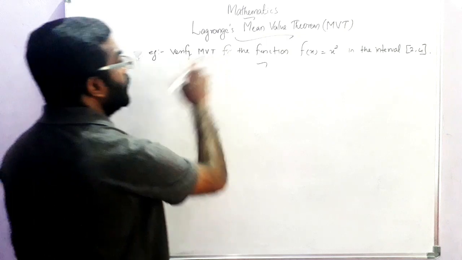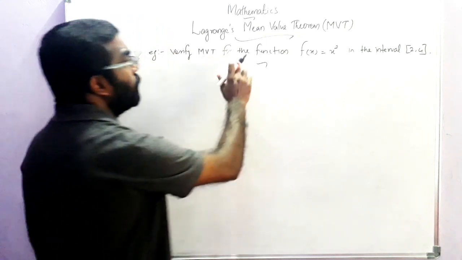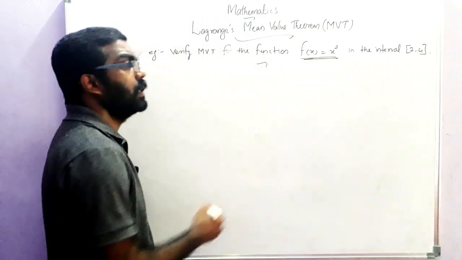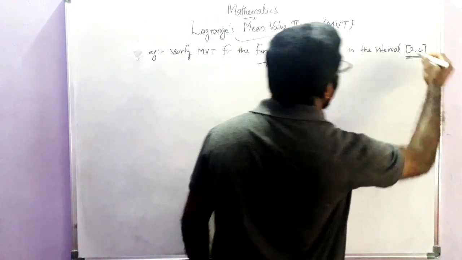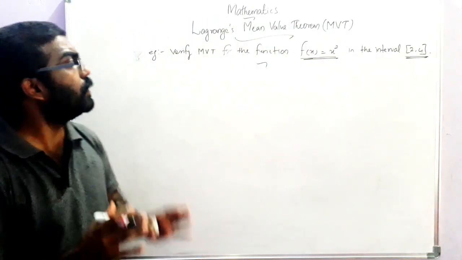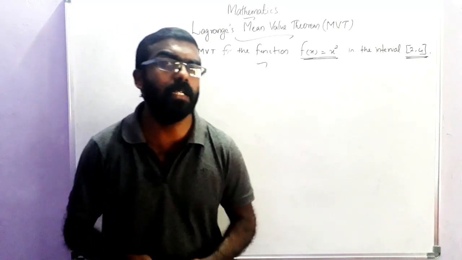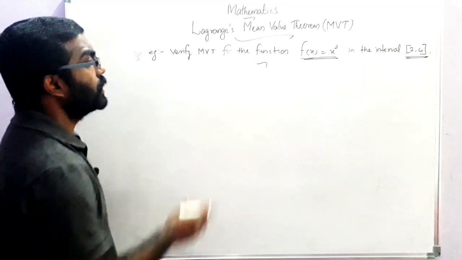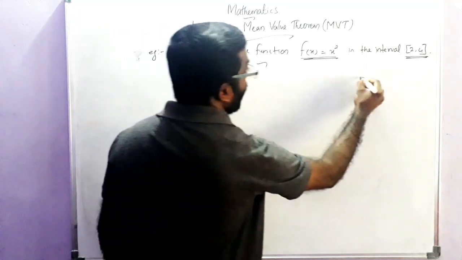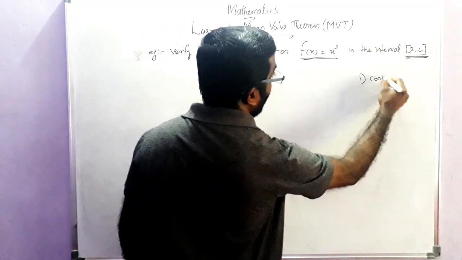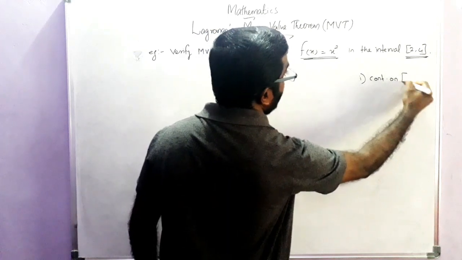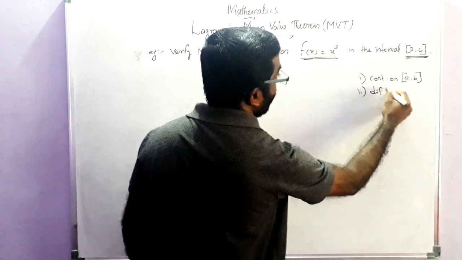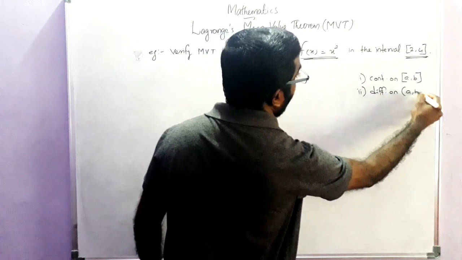Now have a look at this example. Verify MVT, that means mean value theorem, for the function f(x) equal to x square in the closed interval [2, 4]. So we have to verify the applicability of mean value theorem in the given function. First of all, the function should be continuous on the closed interval [a, b], and second, differentiable on the open interval (a, b).